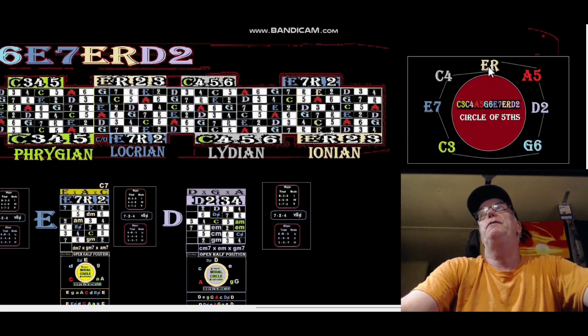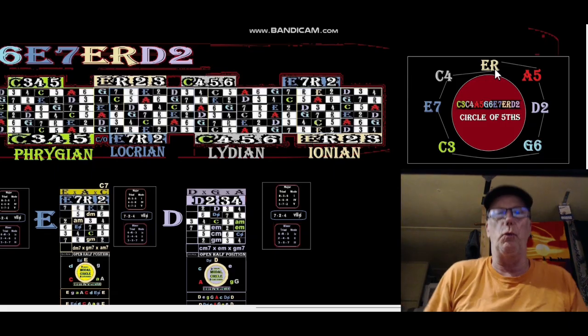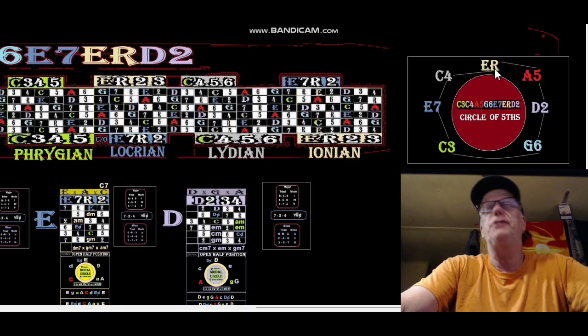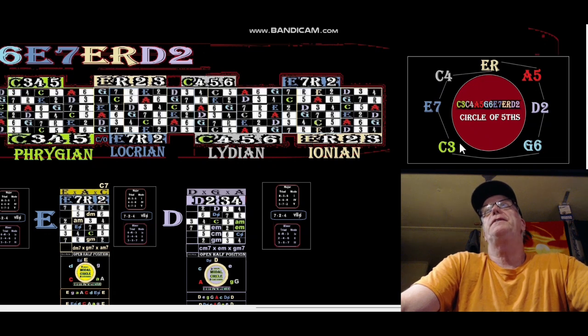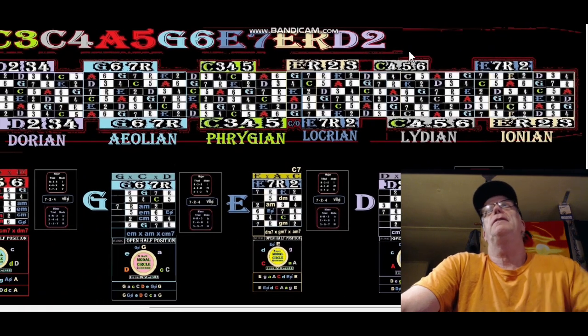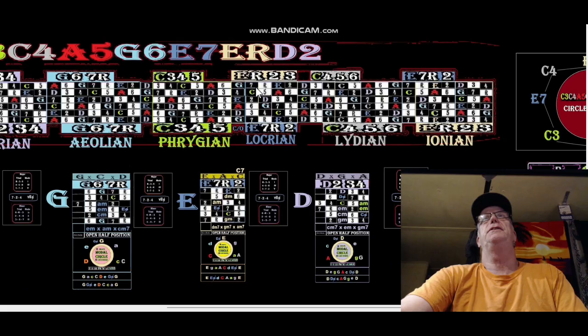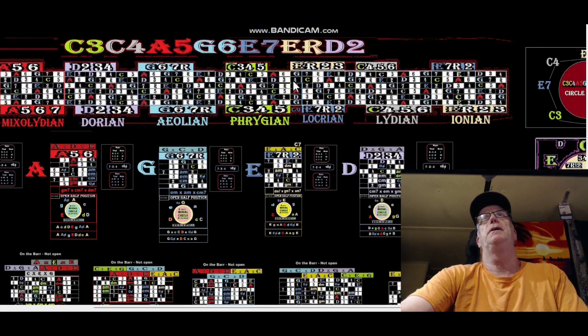But if you focus on the numbers, what throws a lot of people is R is root. So 1 is R is root. So it's 1, 2, 3, 4, 5, 6, 7. Why is it important to have a circle like that? Because it's important to understand the continuity of the fretboard, how it's not just divided up willy-nilly.